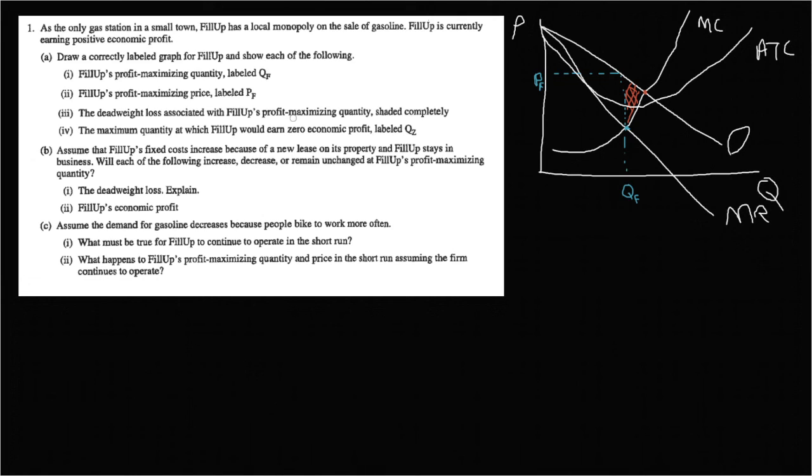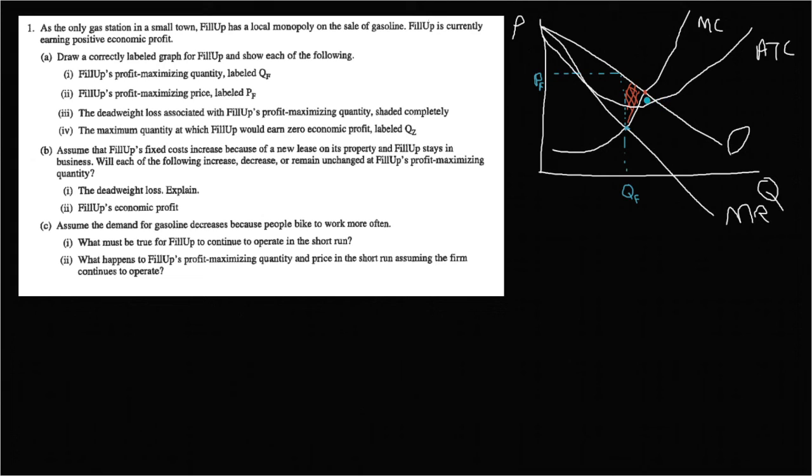Alright, the maximum quantity, QZ. This is like if you wanted to regulate a natural monopoly. That is where average total cost intersects the demand curve.